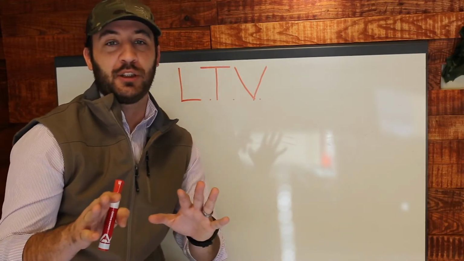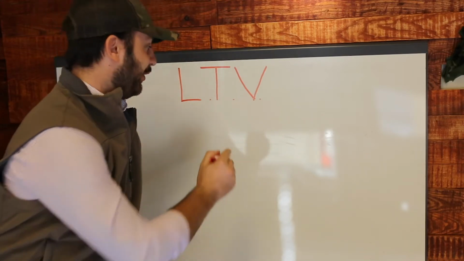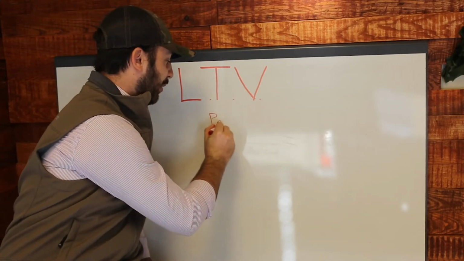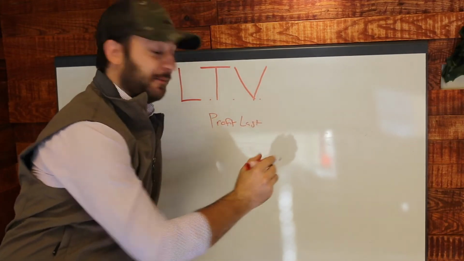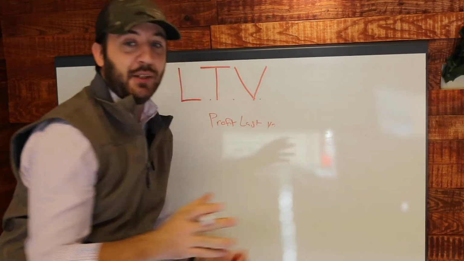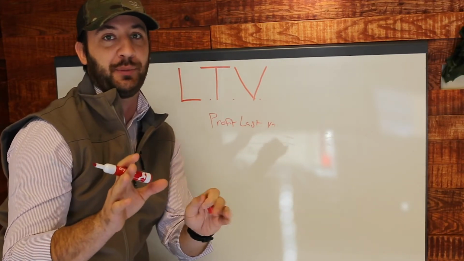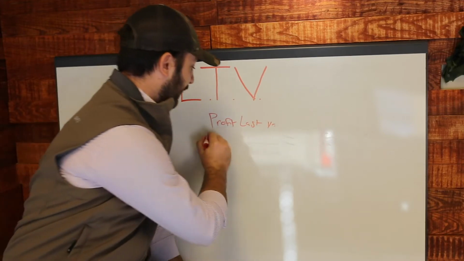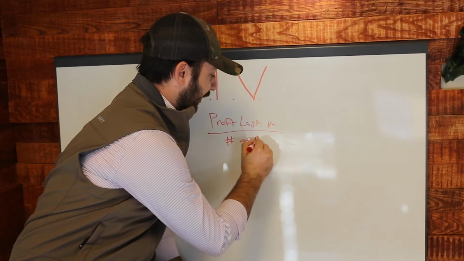First thing you're going to want to look at is how much profit from each customer you have in that calendar year. So you're going to look at your profit from last year. Then you're going to look at the total active customers from that last year, and divide the profit by the number of active customers.